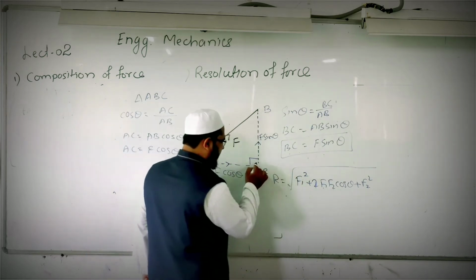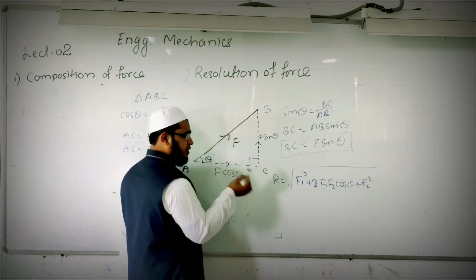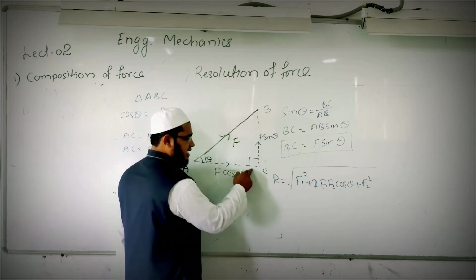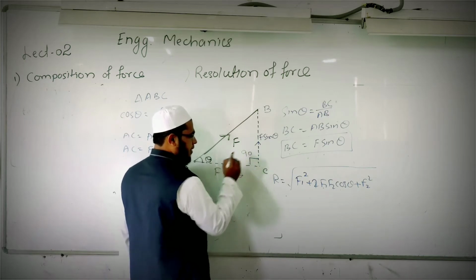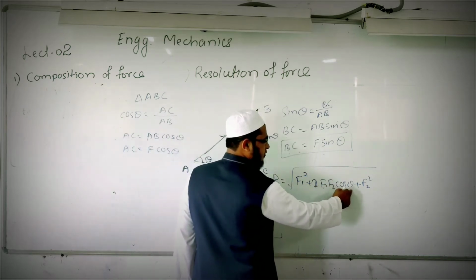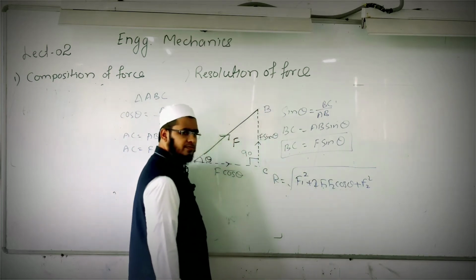Now here theta is the angle between force F1 and F2, the first and second forces. Here F cos theta and F sin theta are at 90 degrees, perpendicular to each other. If you put 90 degrees instead of theta, then cos 90 is 0.